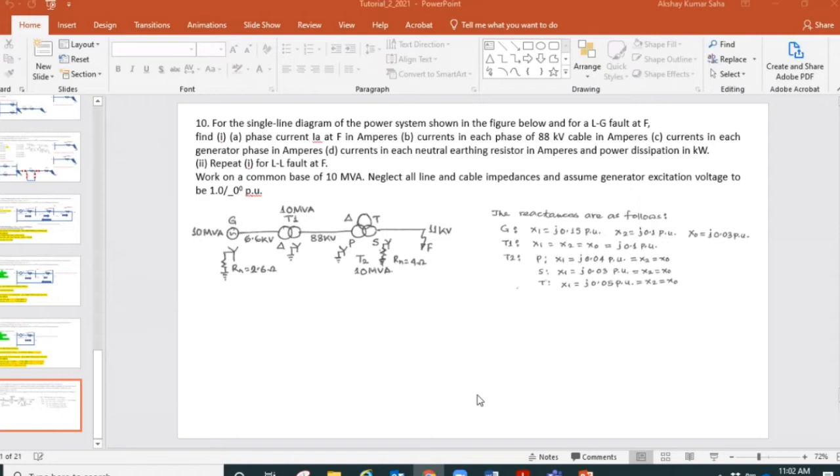In delta, what will happen? The line voltage and phase voltage are equal. They will be the same. So I have no option to get two different voltage levels, regardless of the magnitude. So if I need two different voltage levels, line voltage and phase voltage, whatever you call it, the words don't matter, but two different voltage levels are only achievable from the star side, not from the delta side.